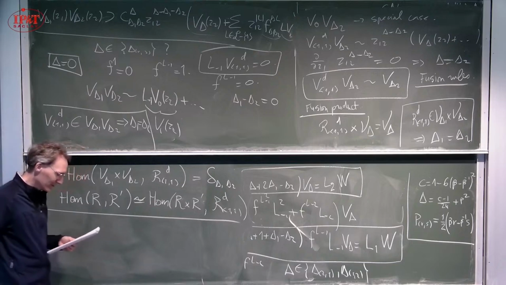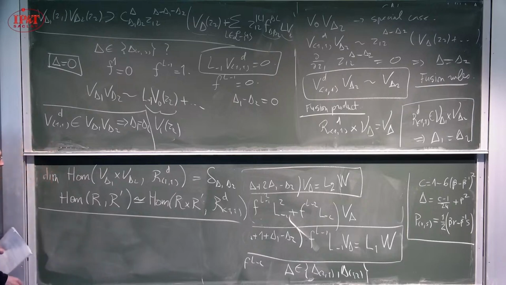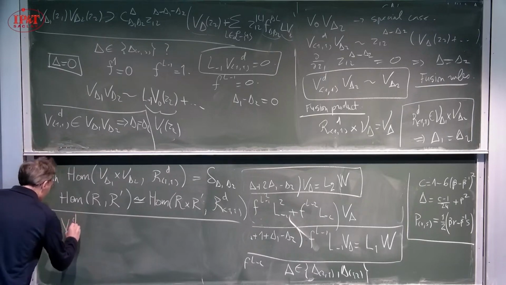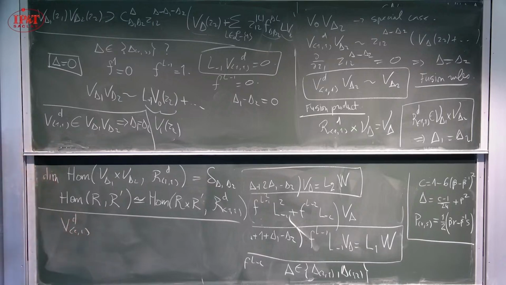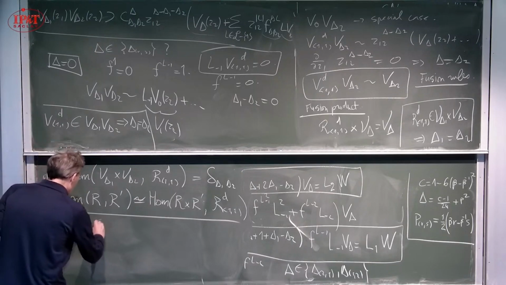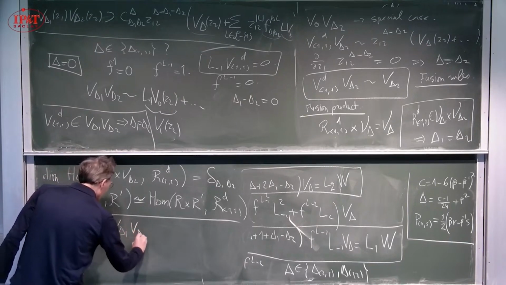Okay, so let's compute fusion products of degenerate representations, and we can start with a degenerate field V_D21, which is degenerate at level 2. So what are the constraints for V_D21 belonging to the operator product V_delta1 V_delta2?